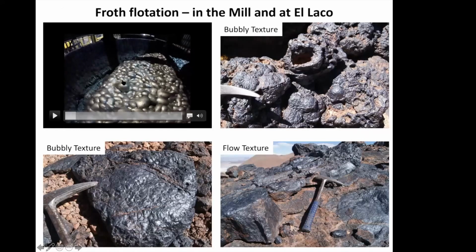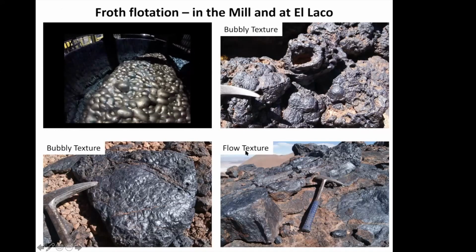And what is froth flotation? This is a form of physical beneficiation where we've got a big flotation cell and we're bubbling air up from the bottom, and we've got bubbles of air that are wetted by some surfactant, a fat, a pine oil, and then the bubbles in this case are coated by a sulfide.